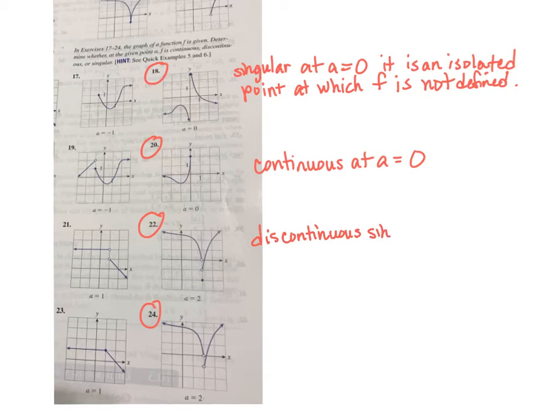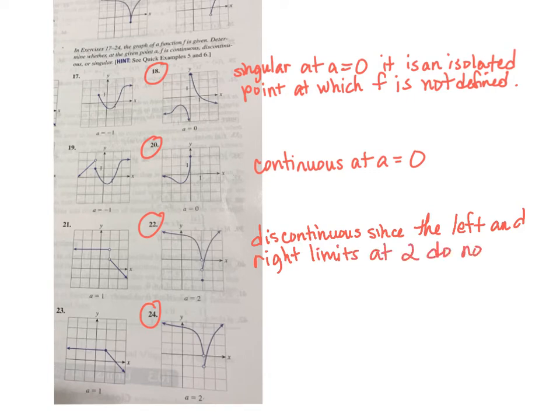since the left and right limits at 2 do not agree. Okay, and then 24, notice that here we have a function that's going, then it has an open circle there at 0, and then we have this function here and it's an open circle.